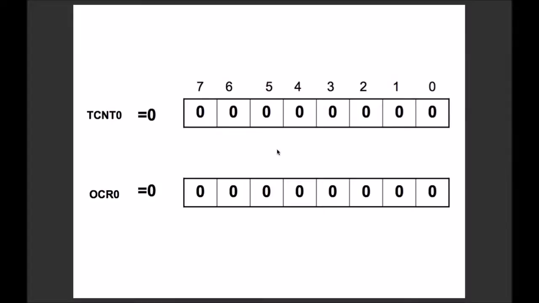Now the role of TCNT0 is, if you enable its running condition, the register gets incremented with a fixed time interval. Its value will continuously increase from 0 to 1, 2, 3, 4, 5, 6 and so on.